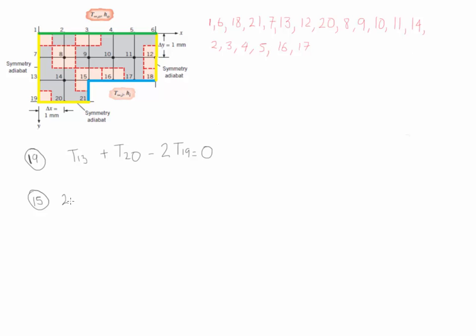The equation is given as 2 times T9 plus 2 times T14 plus T16 plus T21 minus 2 times (3 plus HI delta X over K) T15 equal to minus 2 HI delta X over K T infinity I. Please go back and make sure that you're able to get these two equations.